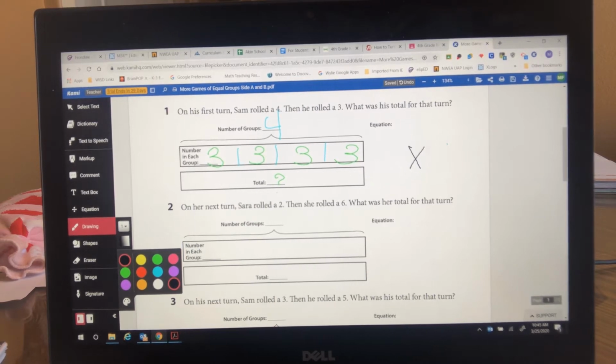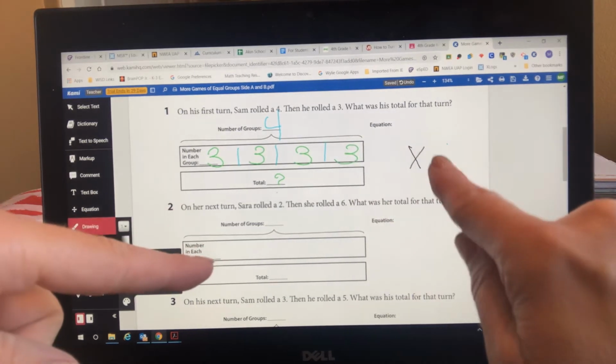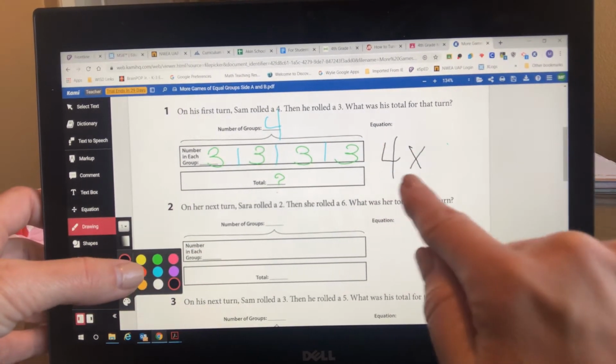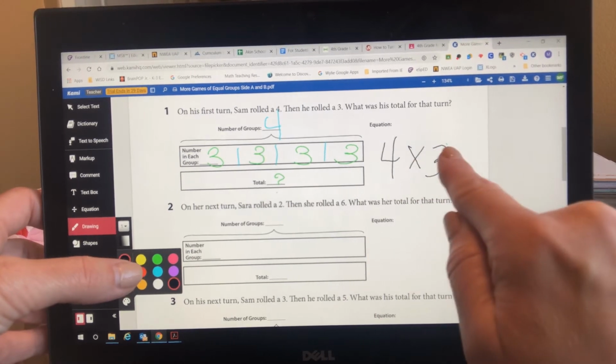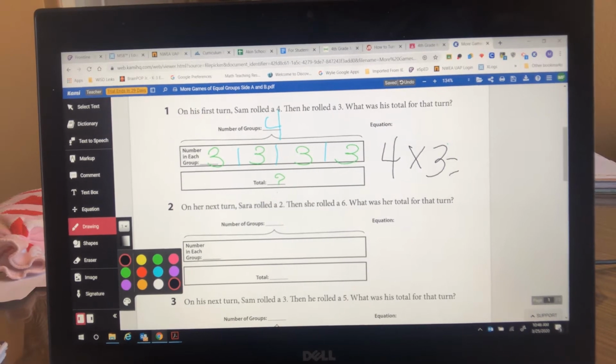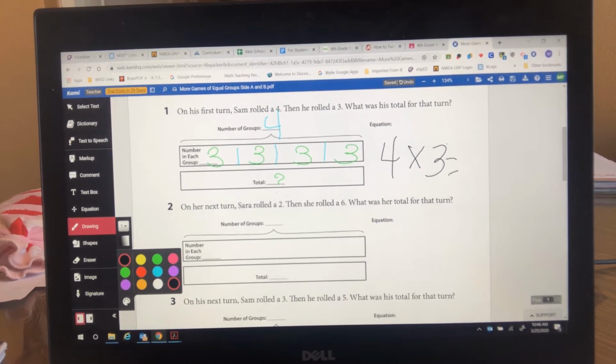And I want you to kind of get yourself into the habit, and I will try to read those sentences in that fashion too. But that symbol means groups of, and it will actually kind of help you in your head make a mental picture. So we've got 4 groups of 3. So I'm going to write 4 groups of 3, and I'm going to use my threes chant to help me figure out what the answer is.